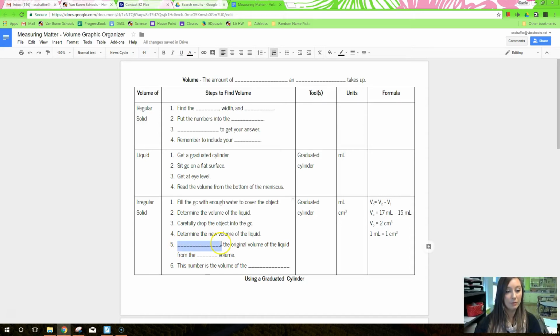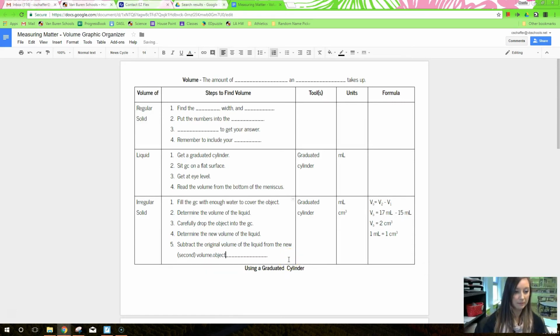Then I want to subtract the original volume of the liquid, that was my V1 over here, from the new volume, or the second volume, that was my V2 over here. So this number is the volume of the object.